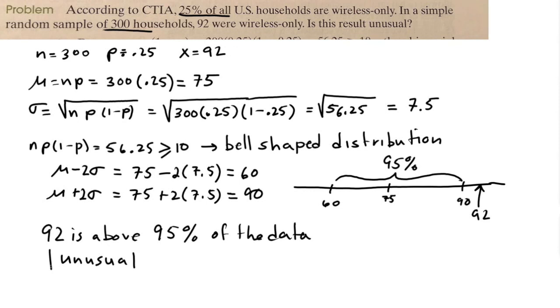This is definitely an unusual result. Now, the unusual result is probably due to the sampling. If you sample in Silicon Valley, you're certainly going to end up with a lot more households with wireless-only connections. So the unusualness is probably due to the sampling.